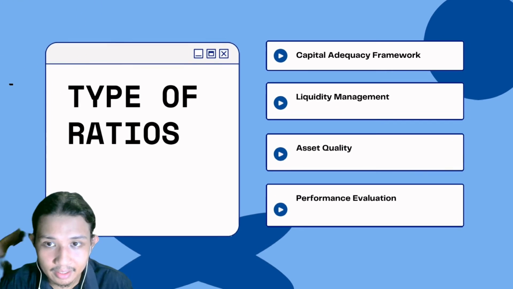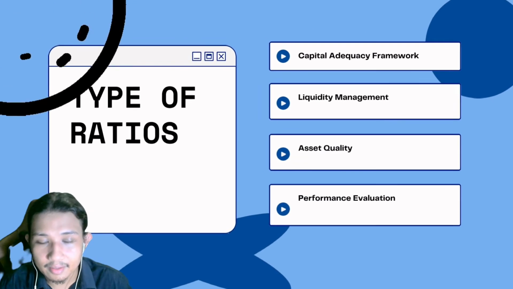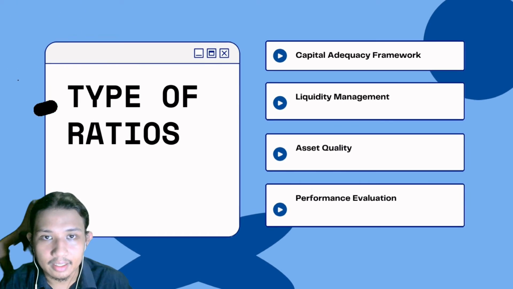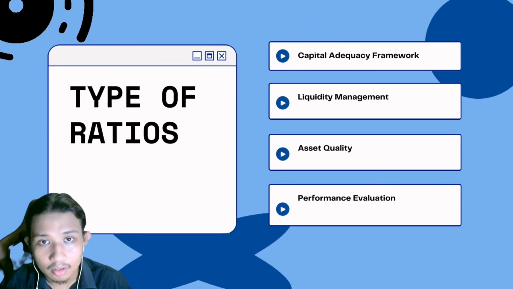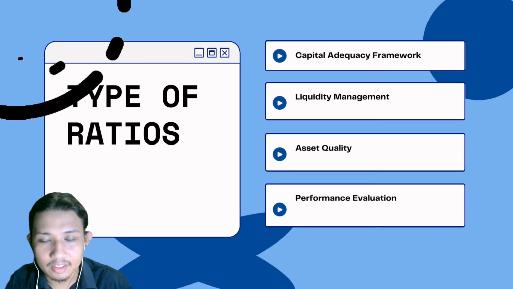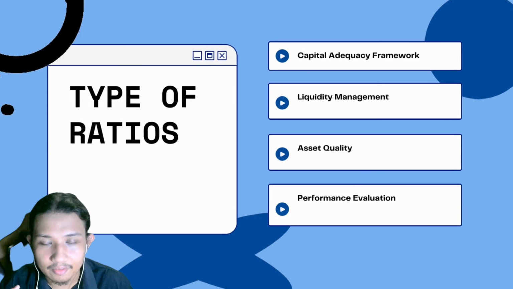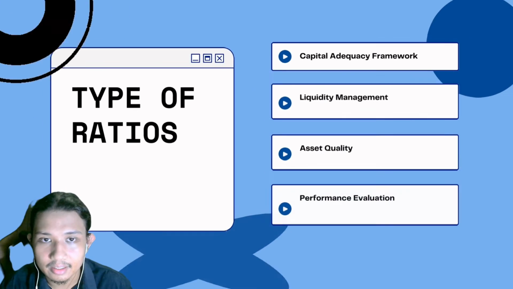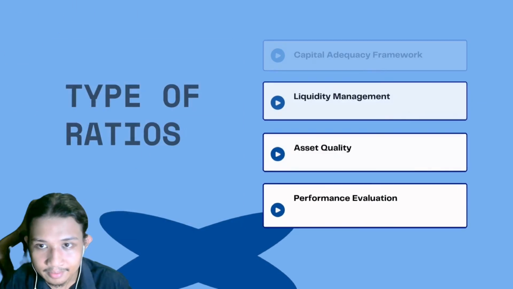What does it mean by capital adequacy framework? It means capital that provides protection for depositors and creditors in the event of declining value of assets, or in a situation where the financial statements are suffering unanticipated loss. The amount of capital that a financial institution should have is established by the bank management policy and also by the regulator.